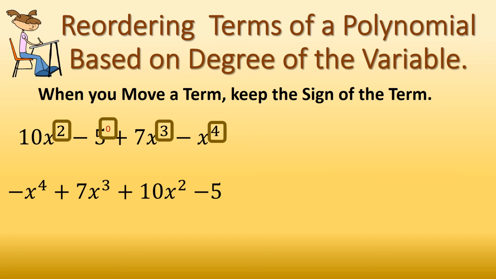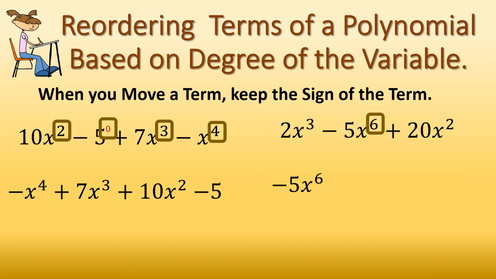Let's do another one, just to make sure we've got this down really good. Okay, let's look at this one. Trinomial, right? 3 terms. Alright, biggest exponent, where is it? Yeah, 6. So it's going to be written down first. Notice it's negative 5x to the 6th power, and I write the whole thing down. Now, where's my next largest exponent? 3.